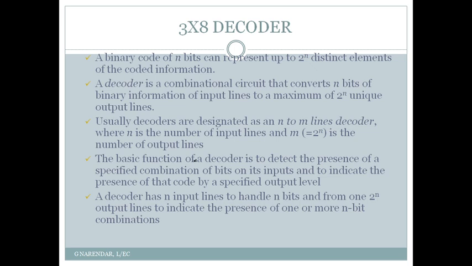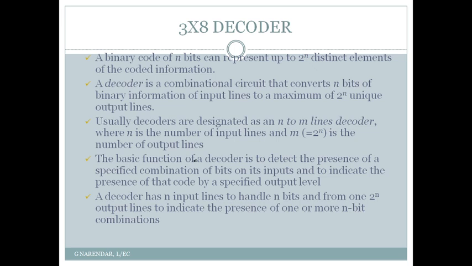So if the binary code has n bits, then the output of the decoder may have a maximum of 2 power n output lines or output levels.